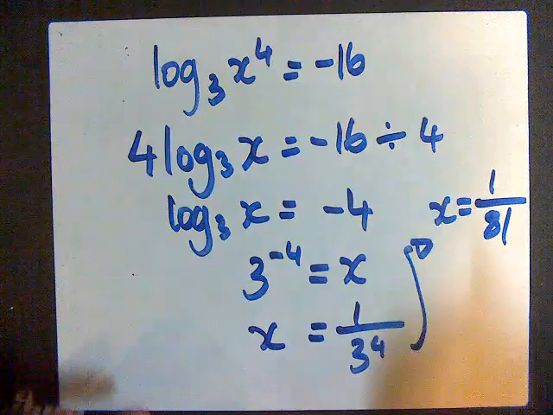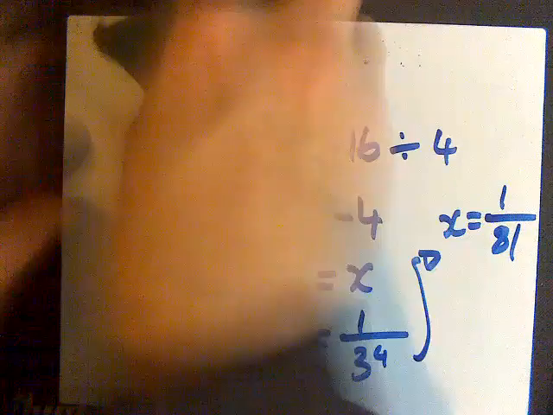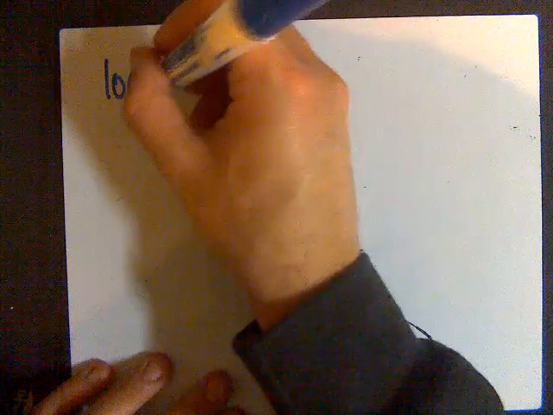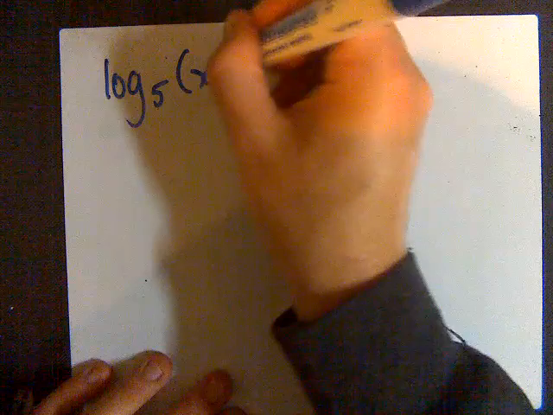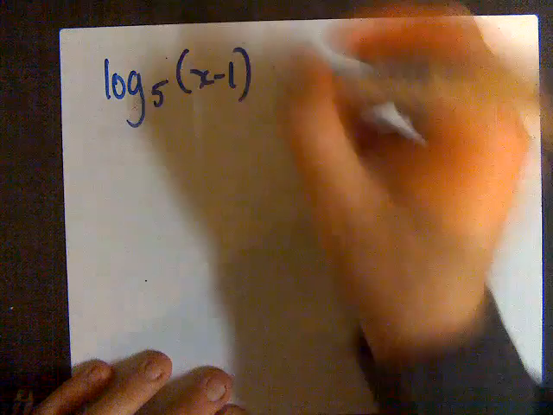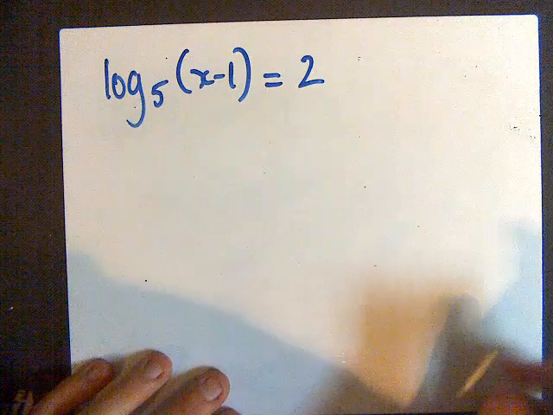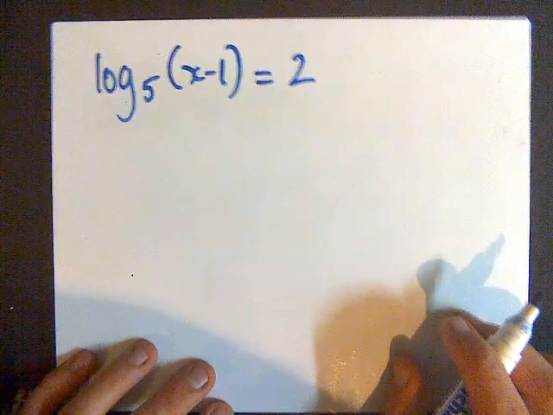Pretty straightforward stuff. And my last example, gotta learn to do that faster. So if I had log with the base 5 of x minus 1 equals 2, well, there's nothing really different about this. We just have to evaluate this as we would any of the others.